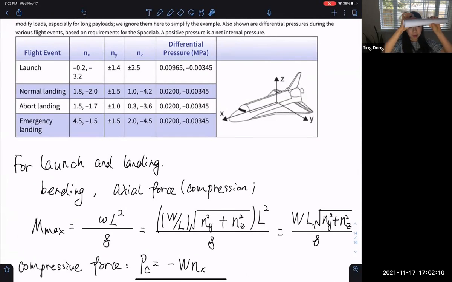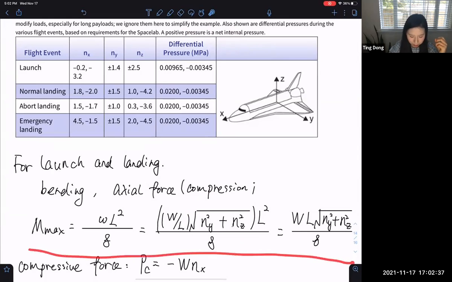If we have the load factor in the lateral direction, we can consider the combined load factor in the lateral direction, which becomes the maximum bending moment. If we consider the whole pressure vessel as a beam problem, we can use it to calculate the bending moment. So this is how we calculate the bending moment.